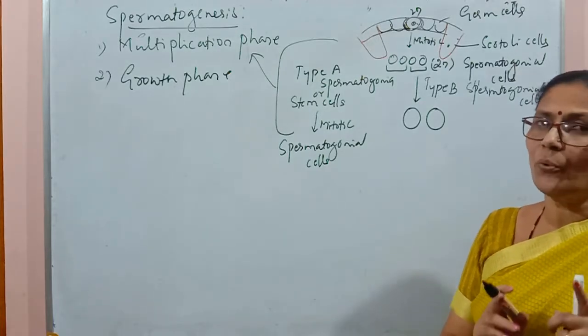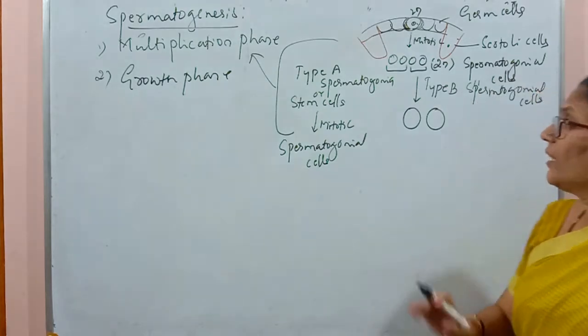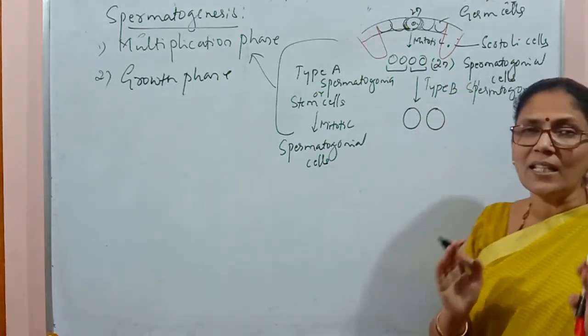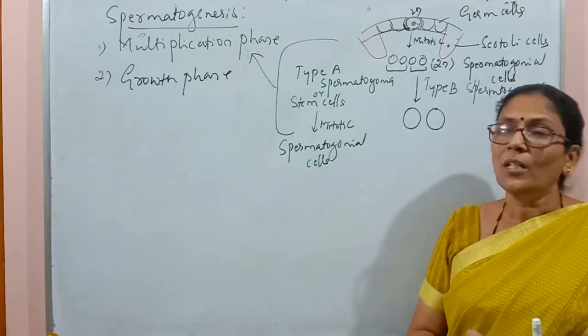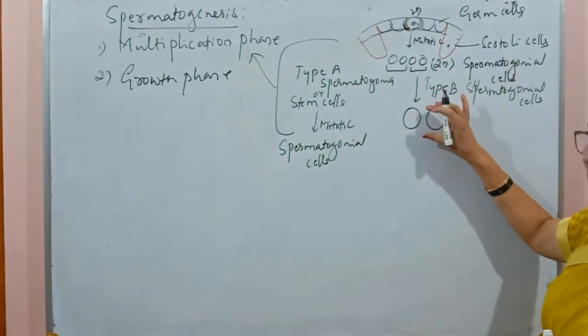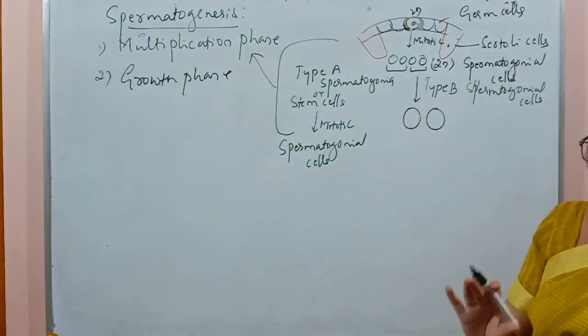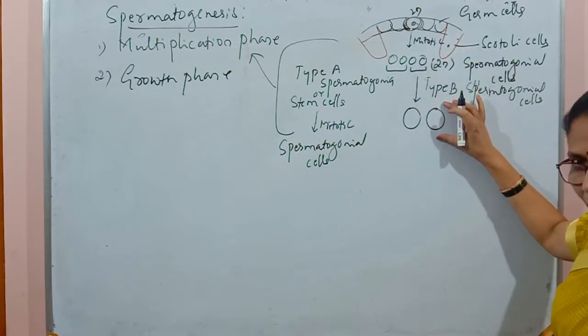Here one thing we should understand very clearly: they only increase in size. There is no change in the chromosome number. So the chromosome number of these cells and of these cells is always the same, and these cells are also diploid and these cells are also diploid.